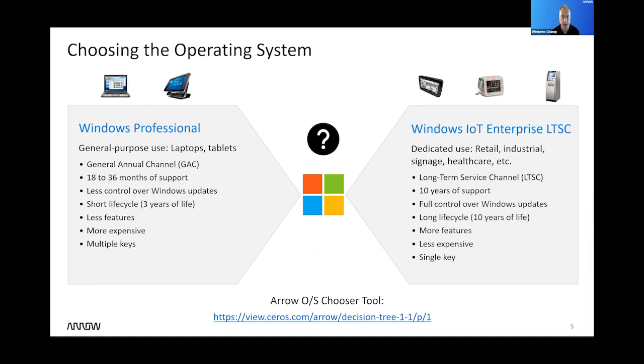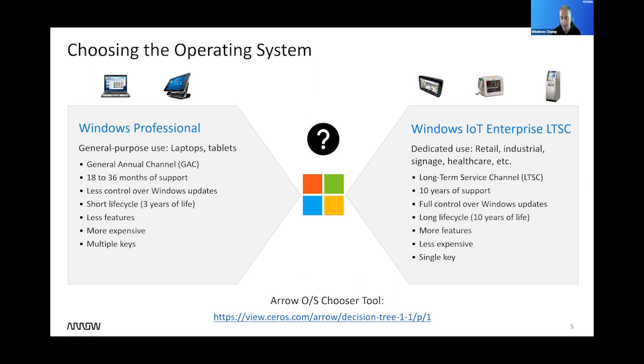Starting back with choosing the operating system. In this slide, we'll talk about choosing the correct operating system. On the left, we have the Windows Pro version, which is for general purpose computers. On the right, we have the Windows IoT Enterprise LTSC version, which is for dedicated appliances. As you start to spec out the operating system, ask yourself, am I building a general purpose computer where the end user can do whatever they want with it?